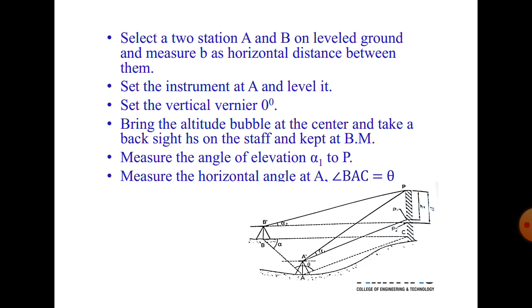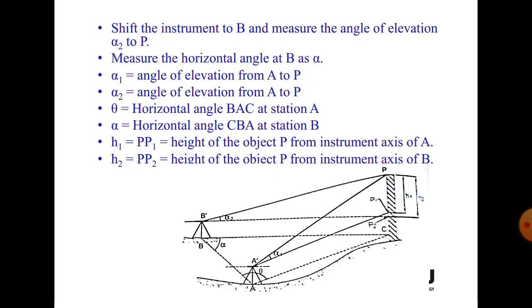Now measure the angle of elevation alpha 1, so this one is alpha 1, and measure the horizontal angle, this one BAC. So this is also one of the triangle angles, so angle BAC, theta, is measured. Shift the instrument to point B, and then measure the vertical angle alpha 2 to the top of the object, and also measure the horizontal angle CBA, alpha.